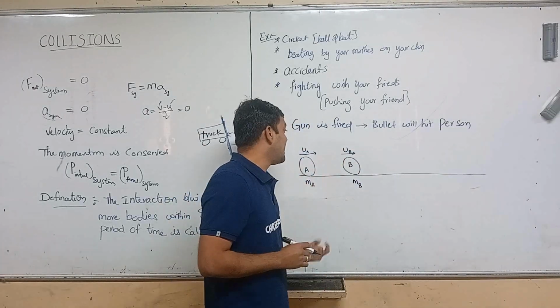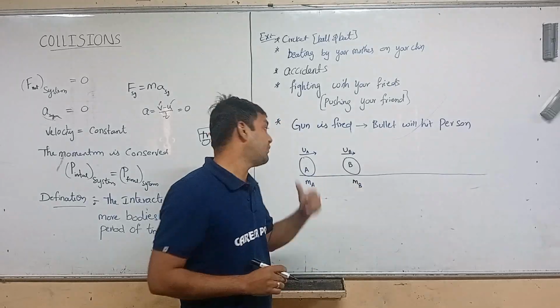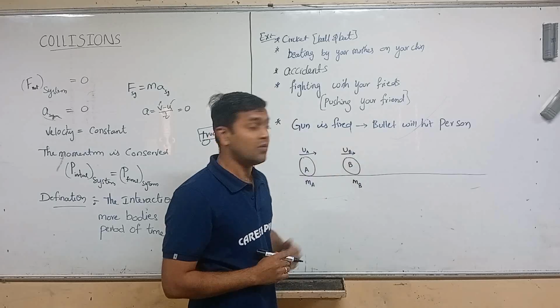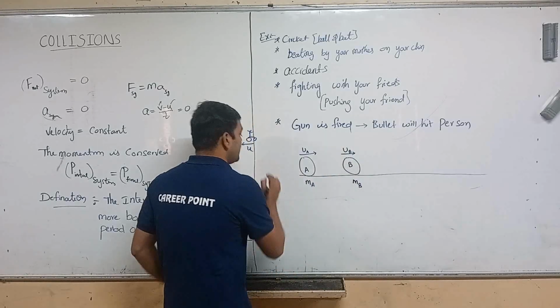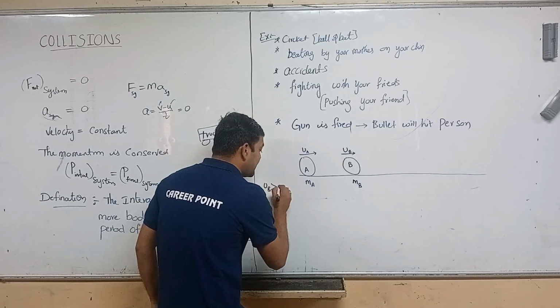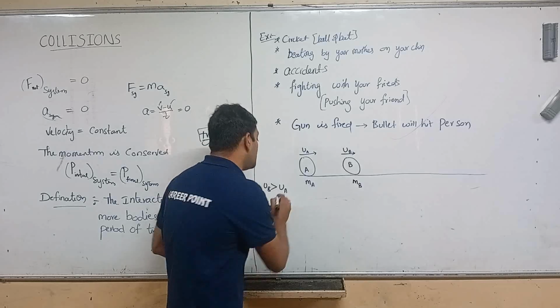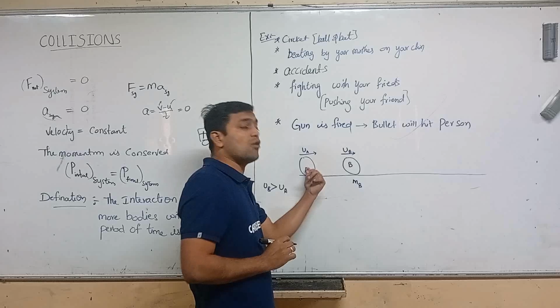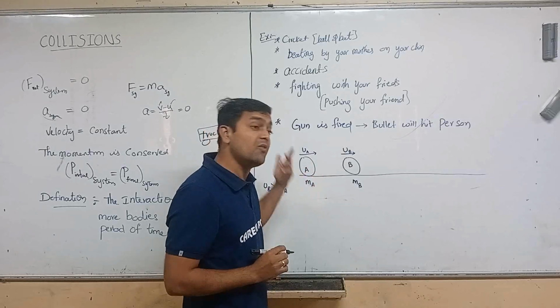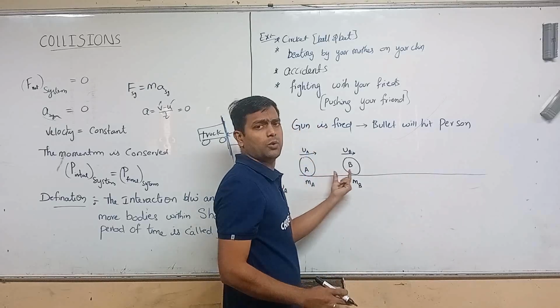So here tell me, this object has to collide with B. Then which velocity should be more, ua or ub? Let us take if ub is greater than ua, so the velocity of B is more than the velocity of A. Then this object will move fast and this object will move slowly.